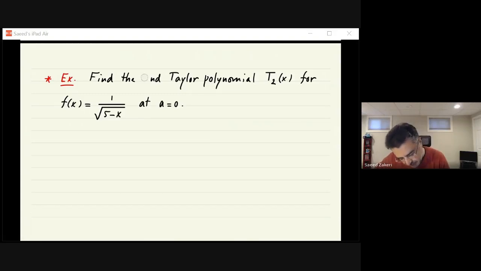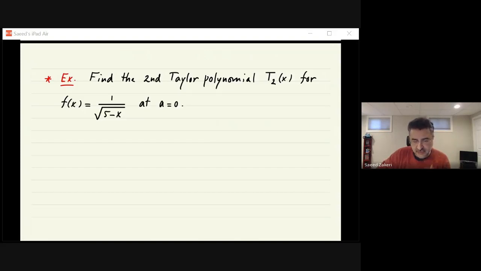That's an ugly 2. You write it again. So find the second Taylor polynomial T sub 2 for this function, f of x is 1 over square root of 5 minus x, at the origin. You have two options.